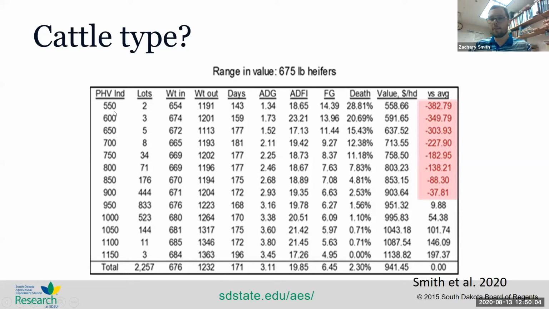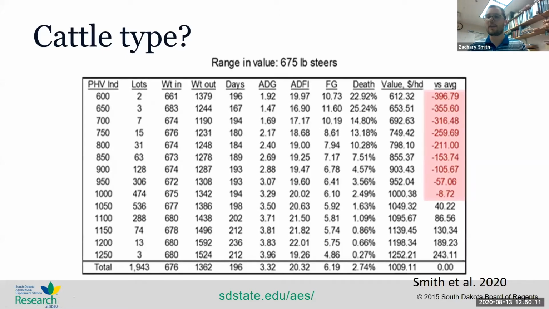You just need to know how much you can pay for them when you buy them. So I think this is a huge opportunity for us to better understand what cattle are worth. Price determination of feeder cattle is not a low-hanging fruit, but it's certainly a piece of the fruit tree that we need to have a better understanding of.